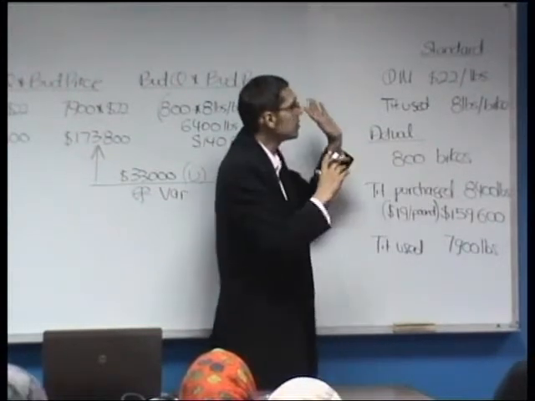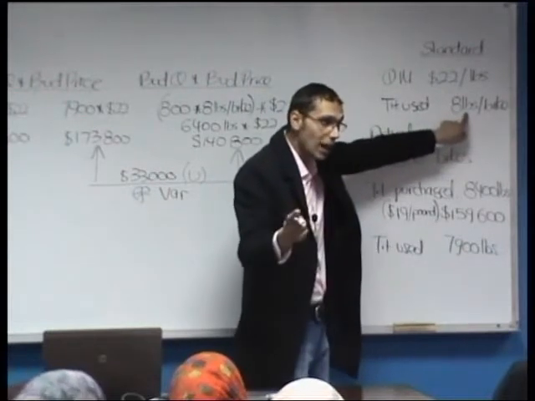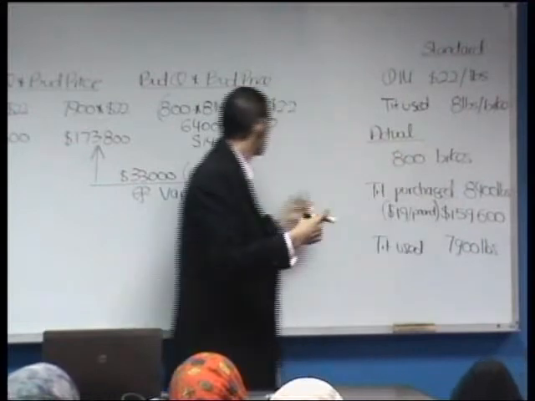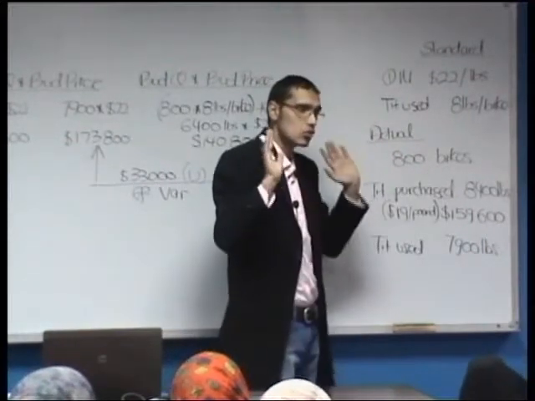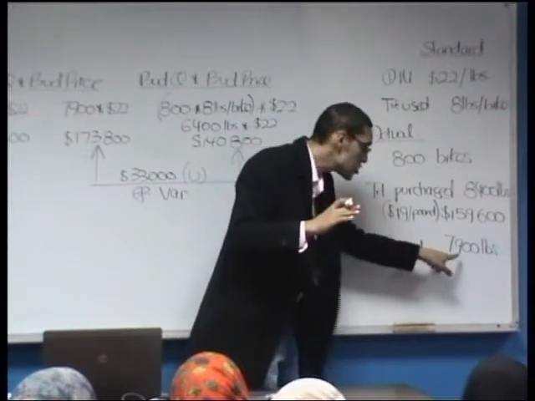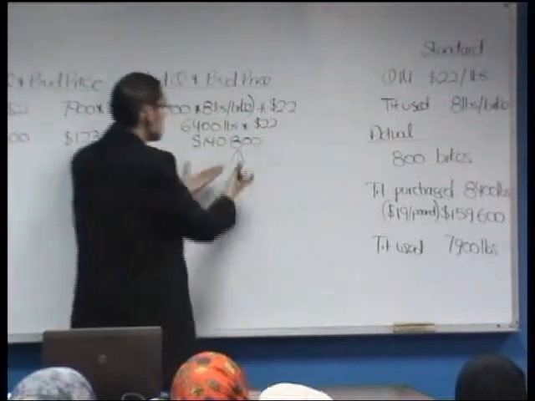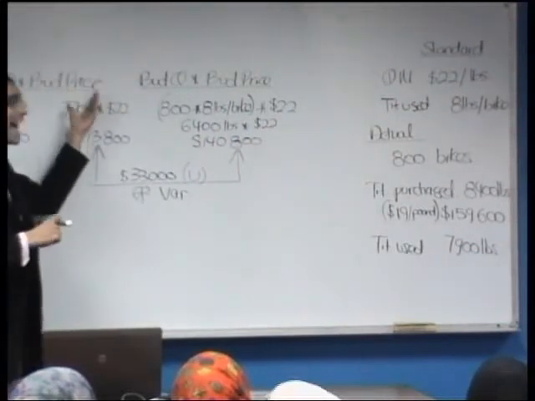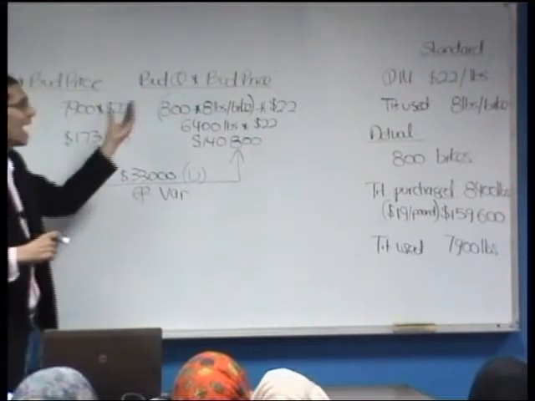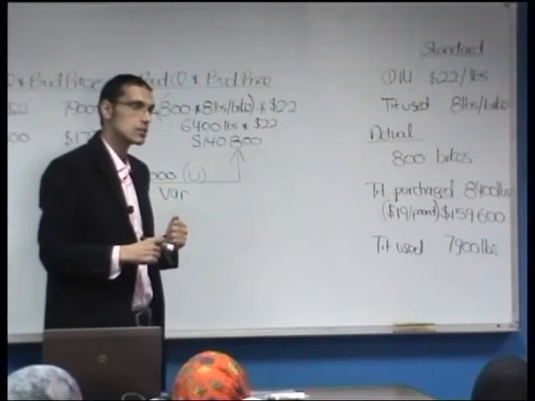According to our standard, we need to use only 8 pounds per bike. Therefore, we need to use 6,400 pounds in order to produce the 800 bikes, correct? But we have actually used how much? 7,900. Therefore, the difference between these two numbers is the difference between the actual quantity used and the budgeted quantity that should have been used in the manufacturing process.